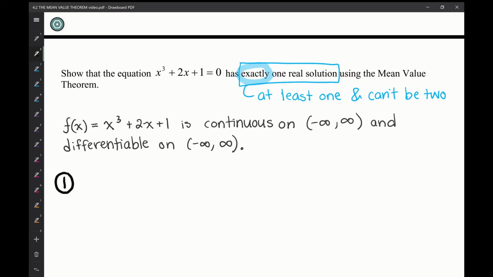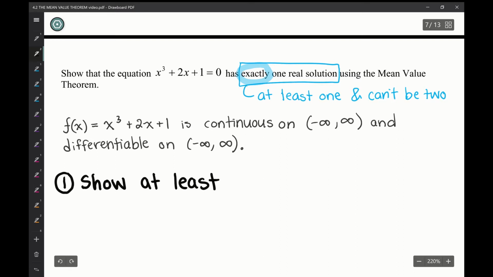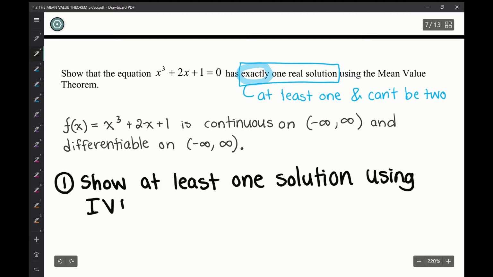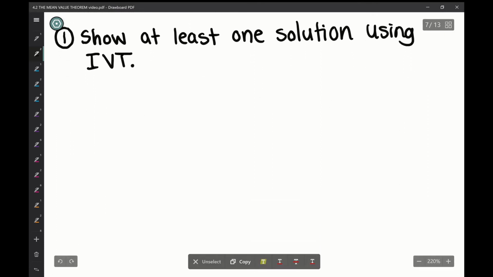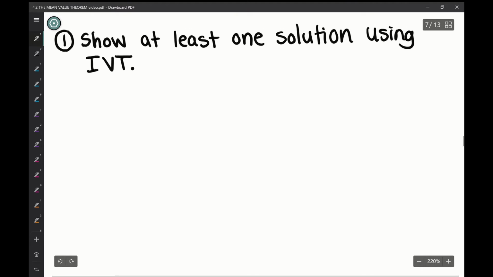Intermediate value theorem is going to help us with this first step, where we need to show that there's at least one solution. We'll do this again using the intermediate value theorem. So we know that f of x is continuous, so that helps us out. Now we need to state the other conditions.